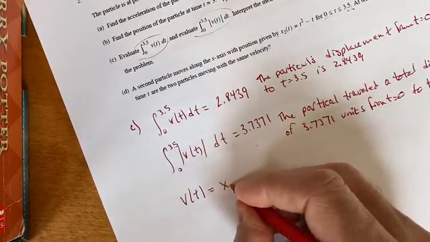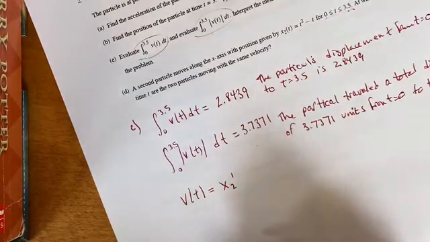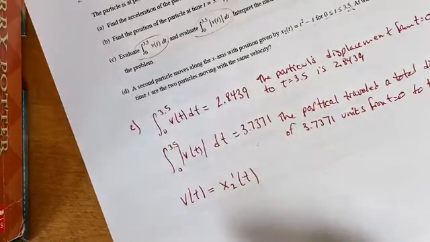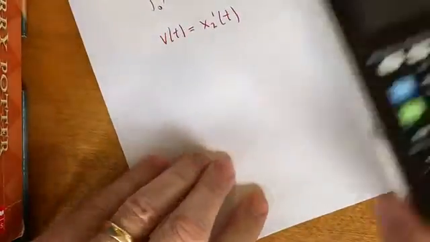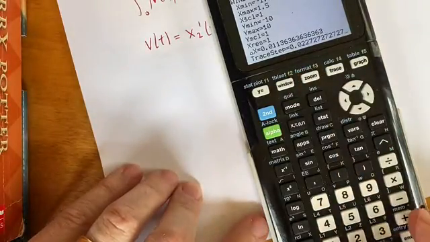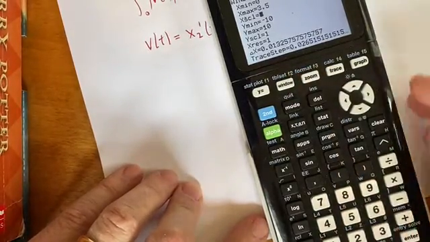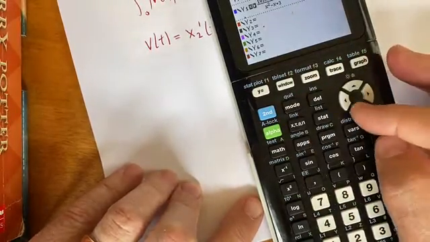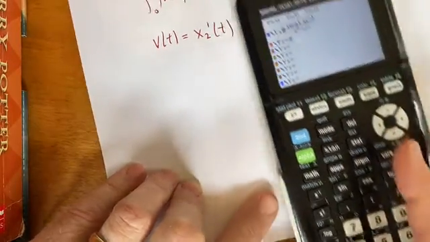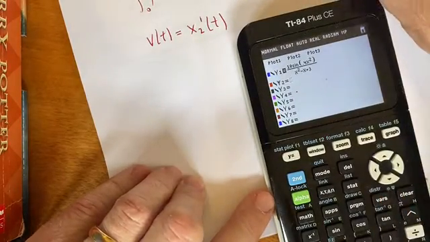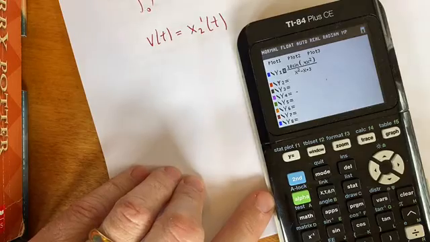That would be x sub 2 prime of t. We're going to set those equal and solve for them. I'm going to change my window from 0 to 3.5. I've already got the velocity of the first one. So let's do the velocity of the second one, which is quick and easy, 2x minus 1.